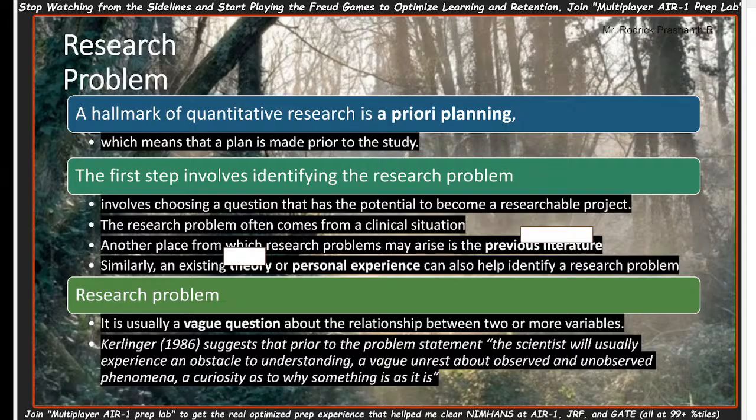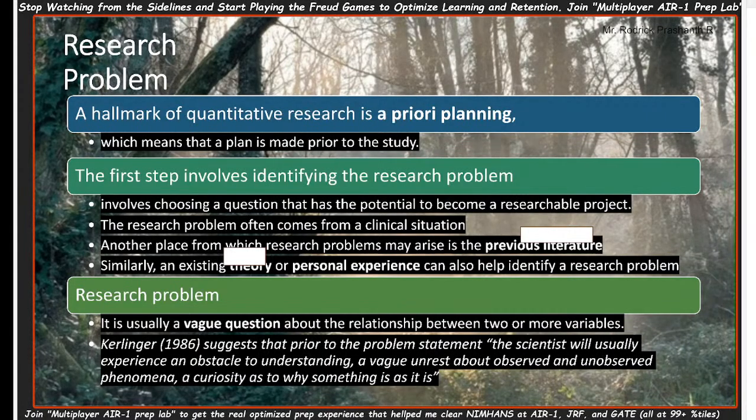Then it will become a research question. So research question and research problem are actually different. Research question is very specific, like hypothesis, but research problem is a bit vague. It is almost like research area. Okay. So if you are studying clinical psychologists and their mental health, you can maybe ask a research problem.